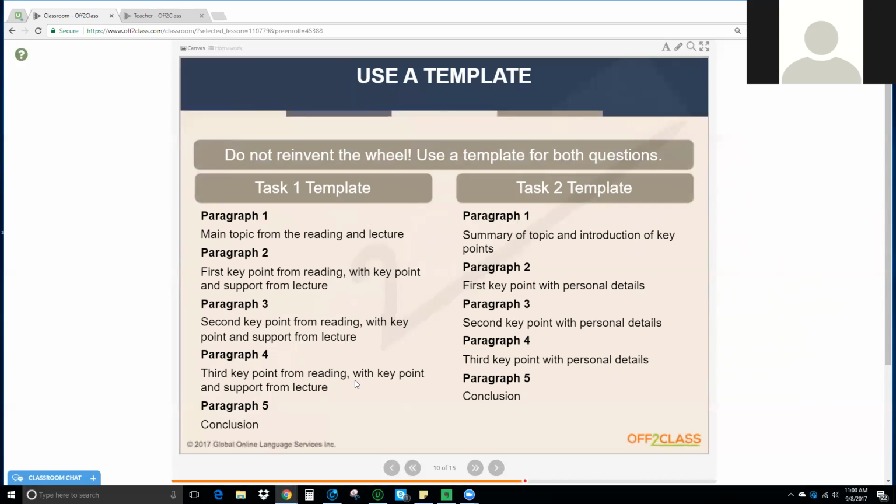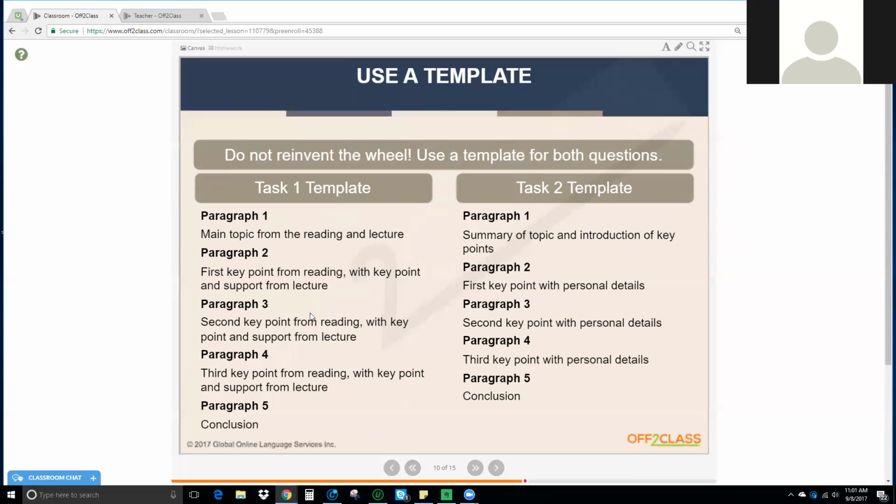Okay, so your template for task 1, your integrated question, the one where you're going to read a passage and listen to a passage. In your first paragraph, you're going to discuss the main topic from the reading and lecture. In your second paragraph, you're going to refer to the first key point from the reading, and then you're going to point from that to how the speaker addressed that very same topic or that very same point.